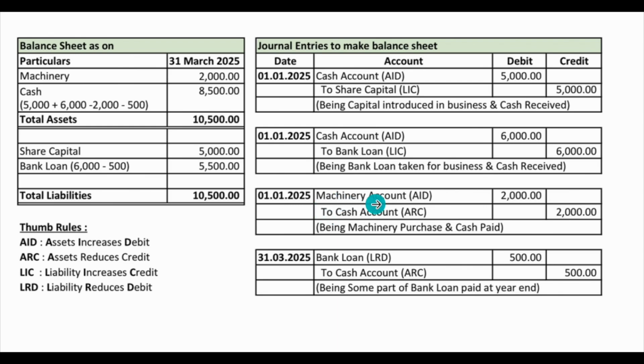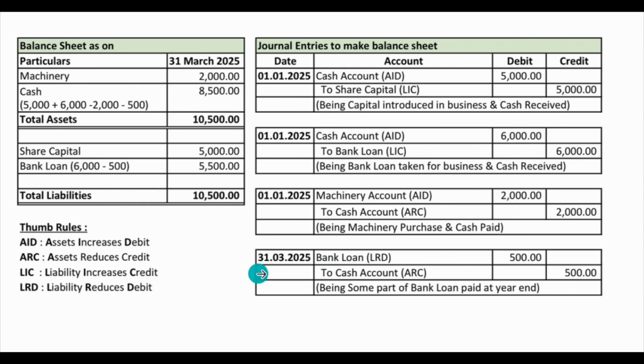Now the machinery account will be debited by 2,000 by the rule of AID, that is asset increases debit, and the cash account will be credited by the rule of ARC, asset reduces credit, as your cash balance is reducing to the extent of 2,000. Then here you write a narration: being machinery purchased and cash paid.